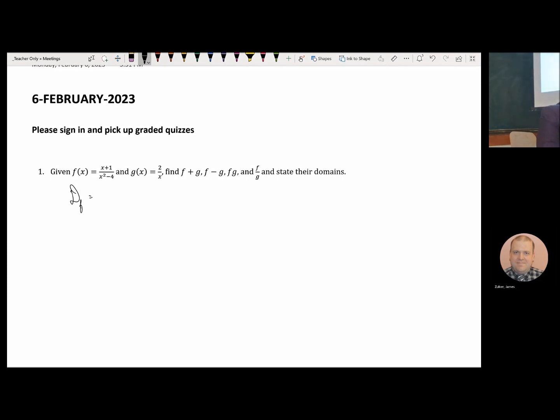You're missing a piece. Oops. Negative infinity, -2. Union.